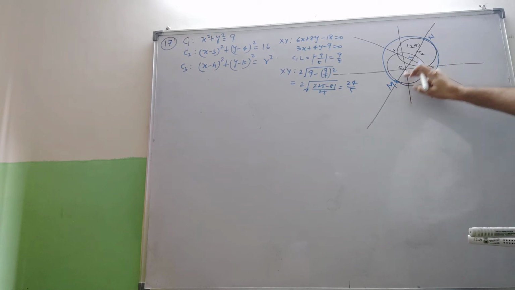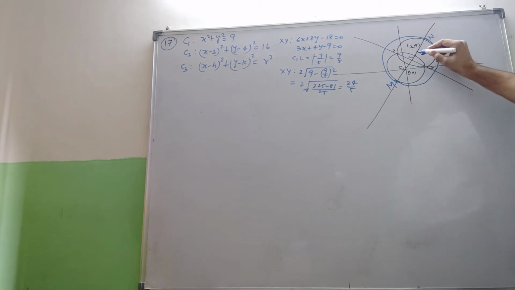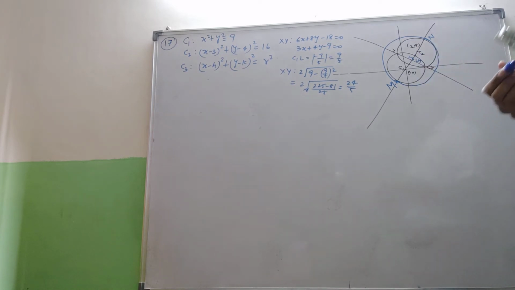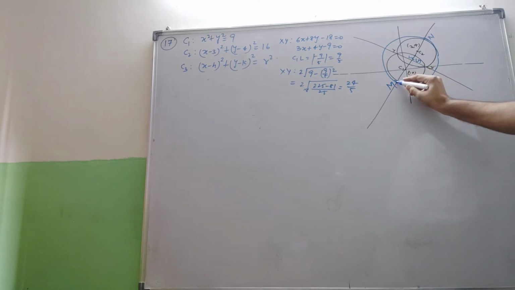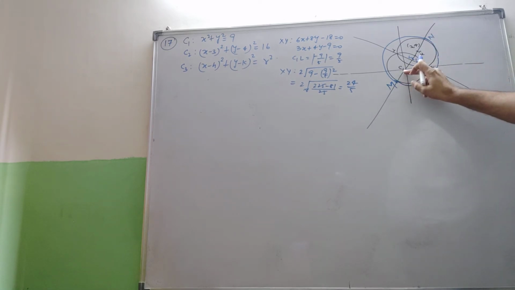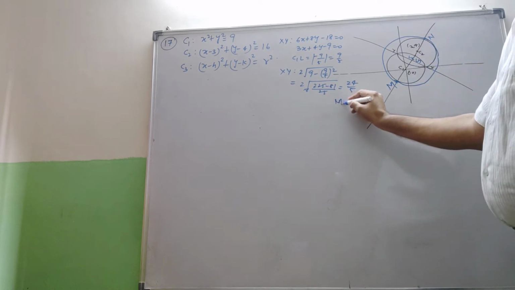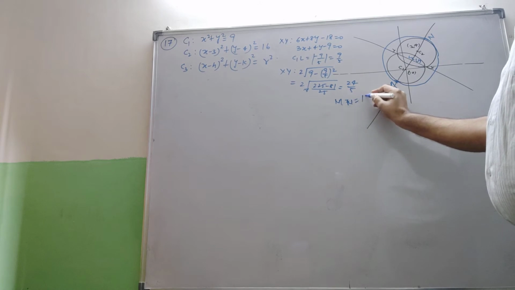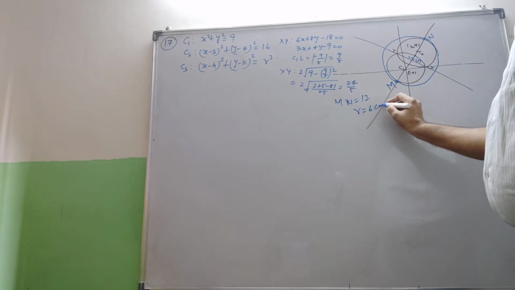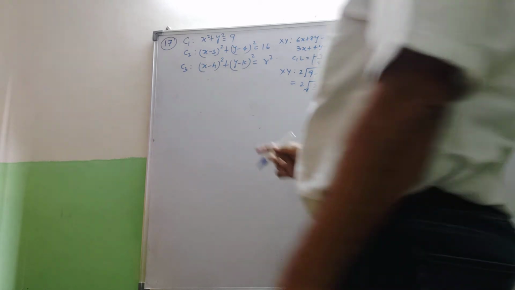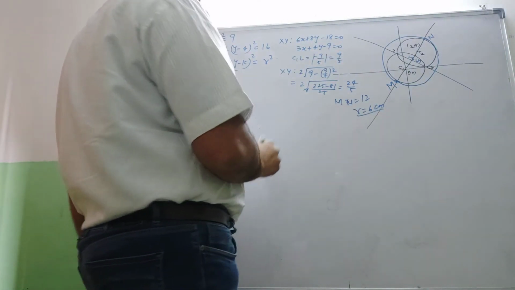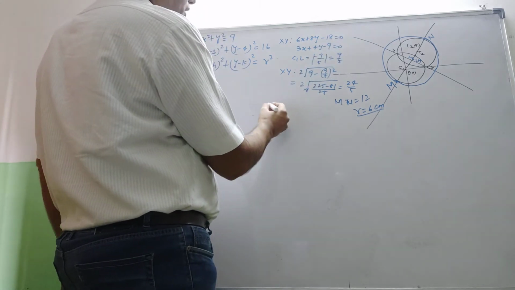It means MN will be a diameter, and center C3 will be taken here. Since MN is equal to 12, R is equal to 6 centimeters. We have 6 units, it means this R is equal to 6 units.